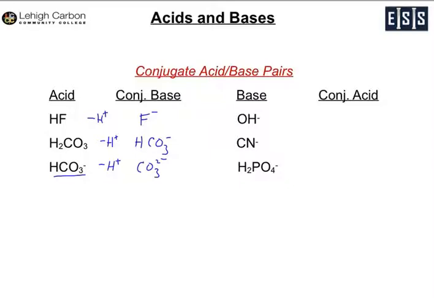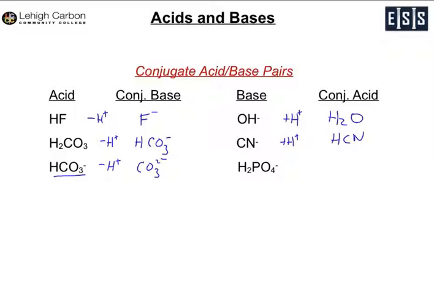Now, if you start with a base to form your conjugate acid, you're gaining that hydrogen ion. The hydroxide ion is going to grab a hydrogen and form water. The cyanide ion, because it's a base, will accept hydrogen and make HCN, hydrogen cyanide.